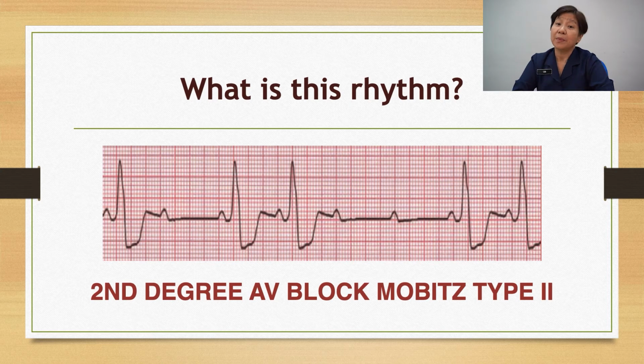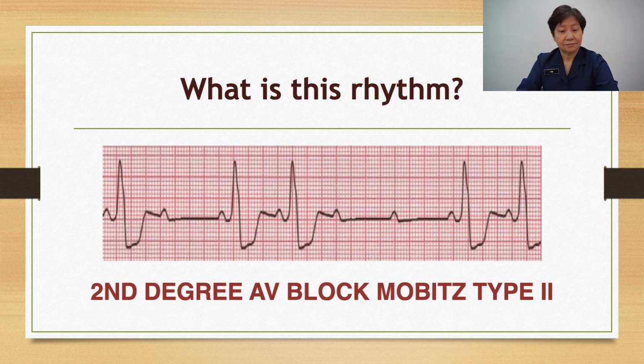So when the PR interval is constant and you have missed beats, this is what we call second degree AV block Mobitz type 2. So the difference between type 1 and type 2 is the PR stays constant in Mobitz type 2. In Mobitz type 1, the PR will be progressively prolonged.